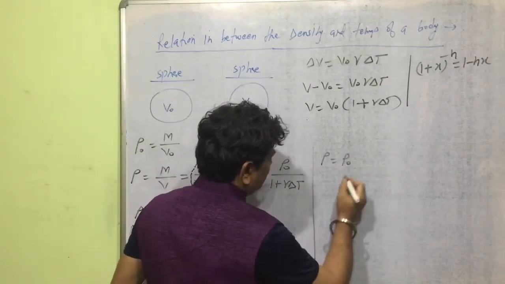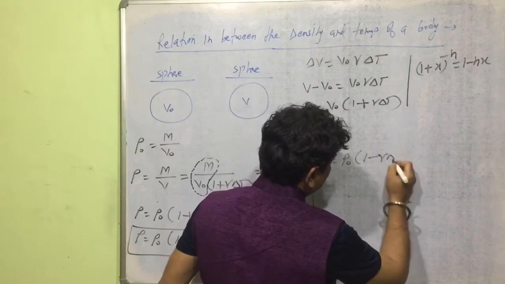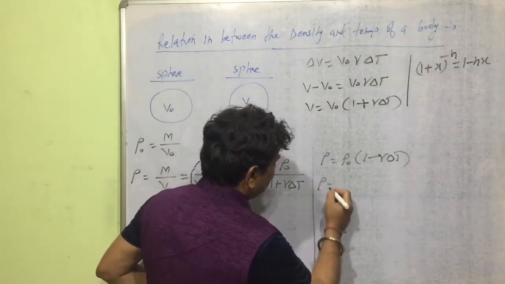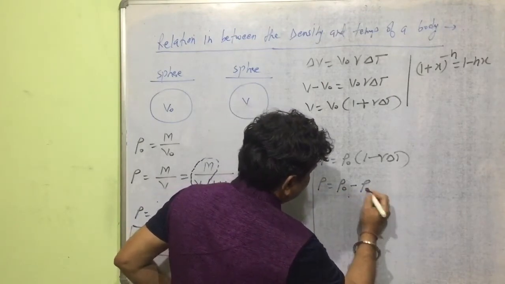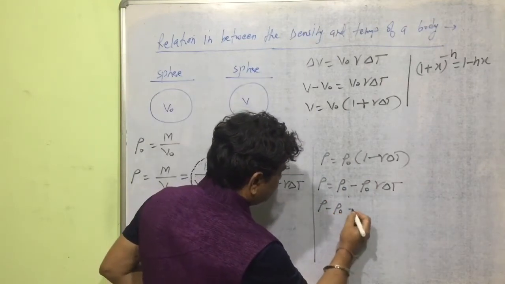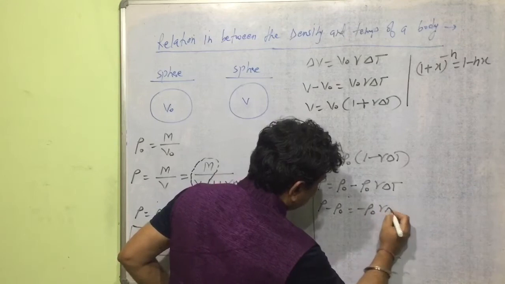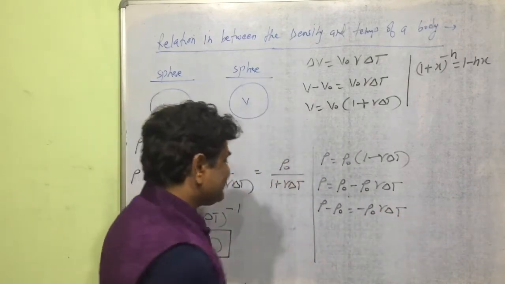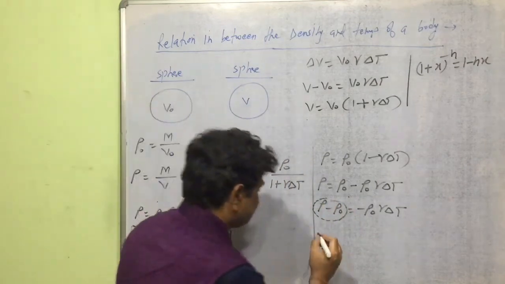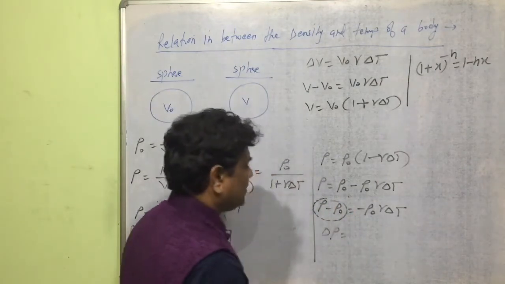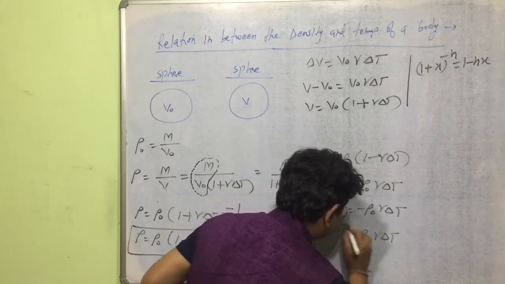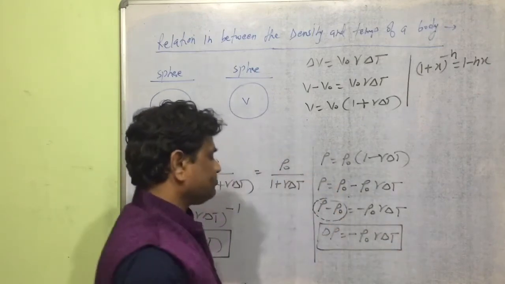Rho is equal to rho naught into 1 minus gamma delta T. We can simplify: rho is equal to rho naught minus rho naught into gamma delta T, or rho minus rho naught is equal to minus rho naught into gamma delta T. This rho minus rho naught is nothing but the change in density. So the change in density is equal to minus rho naught into gamma delta T.